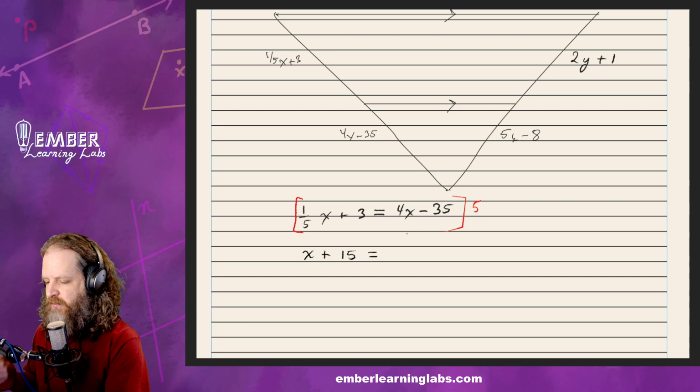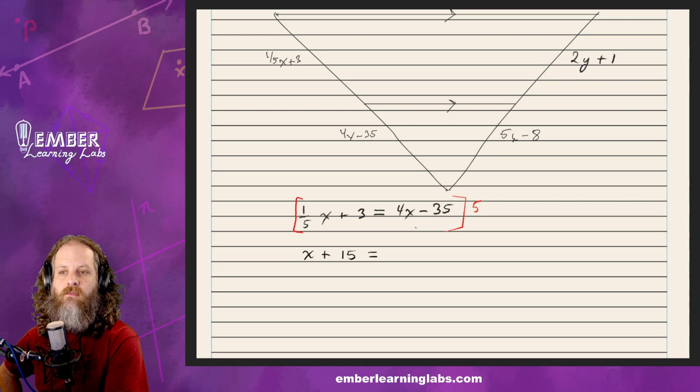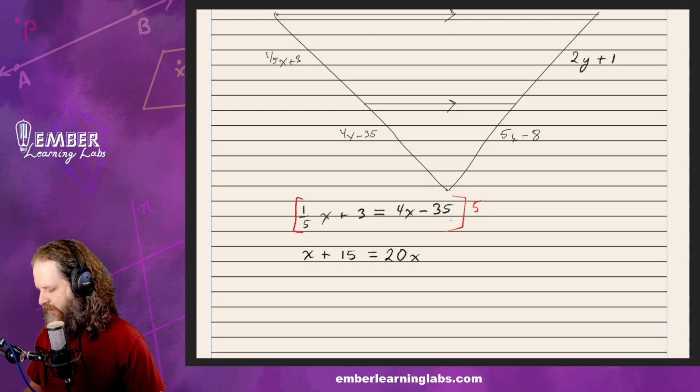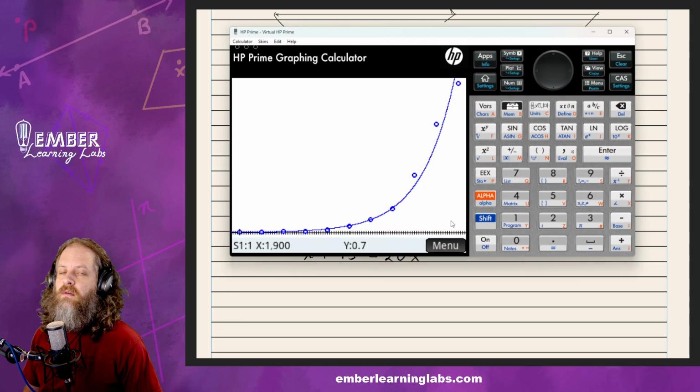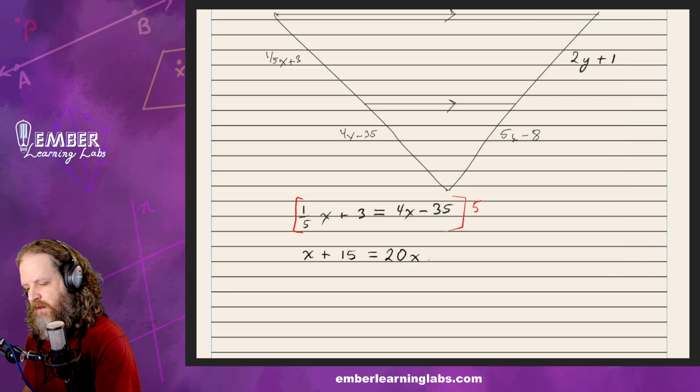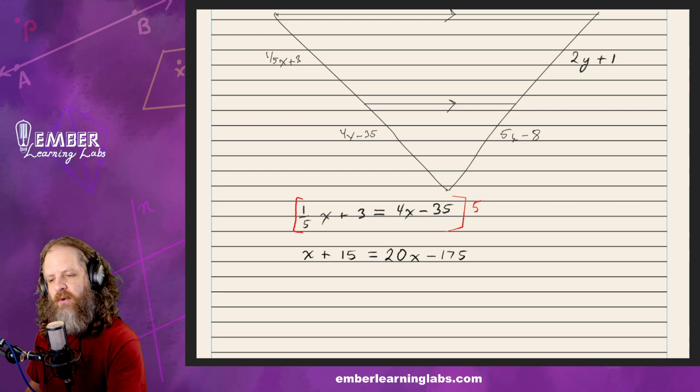Equals, what's 5 times 4x? 20x. 5 times negative 35. Sounds right. Negative 175. Now what?